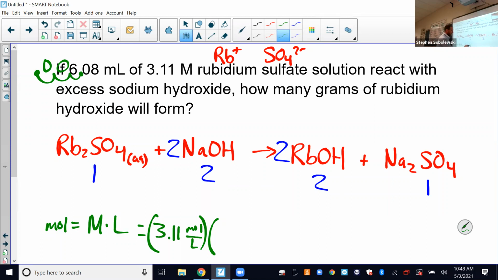So just be careful with that. 0.00608 liters. Liter cancels liter. 3.11 times 0.00608 gives us 0.0189 moles of rubidium sulfate.